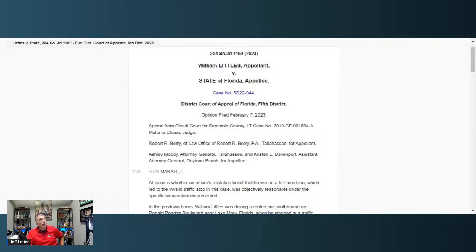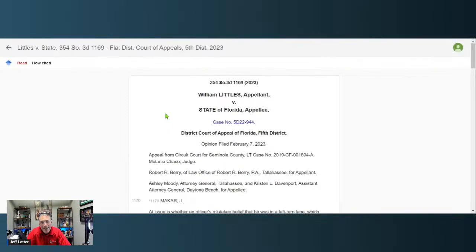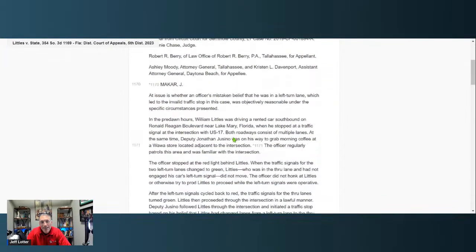Okay. So this is a relatively recent opinion from 2023. I know the attorney on this case, and I know the facts. This case comes down to whether an officer has a mistaken law or mistaken facts.